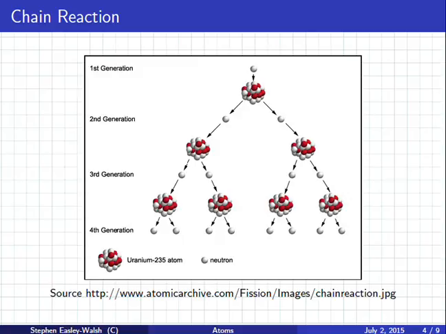Chain reaction is when neutrons released from splitting uranium cause further uranium splitting, which releases more neutrons.